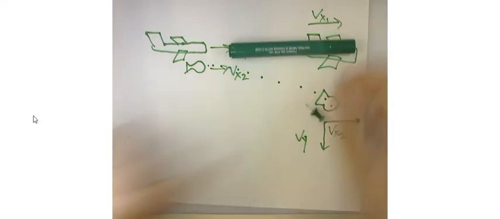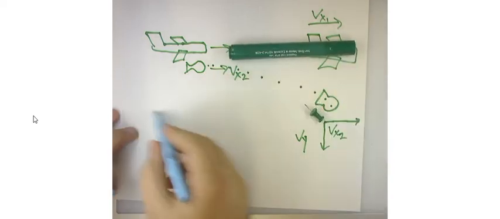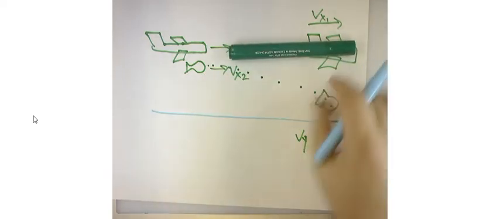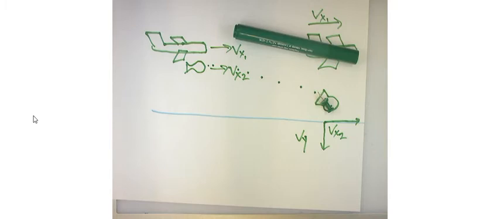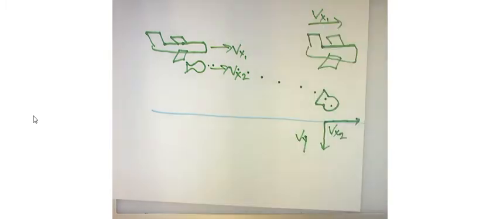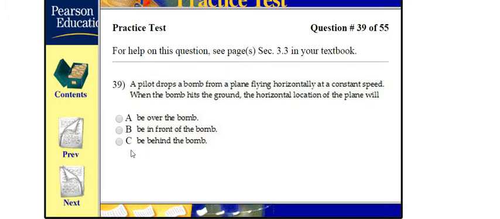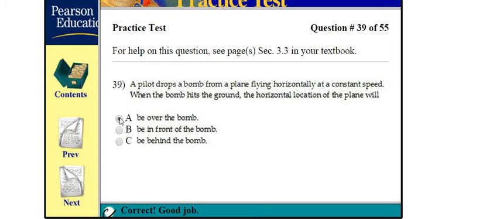So when it finally does hit the ground, and it will hit the ground eventually, the plane will be right above the bomb. Okay? Does that make sense? So the answer should be directly on top of one another, right? The plane will be over the bomb. Yep.